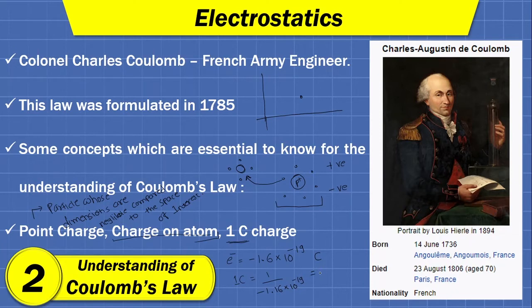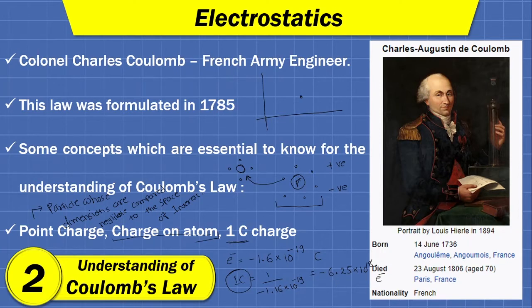It will give you minus 6.25 into 10 raised to 18 electrons. It means that in 1 coulomb of charge the excess of electrons will be 6.25 billion billion electrons. So 1 coulomb of charge is not a small quantity.